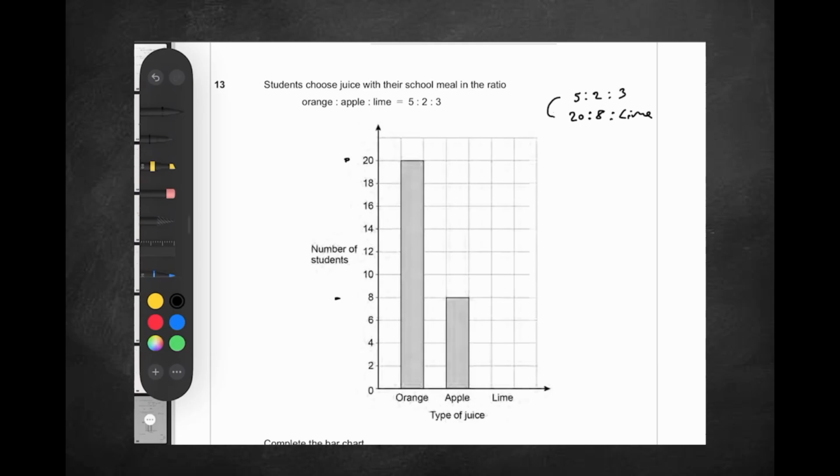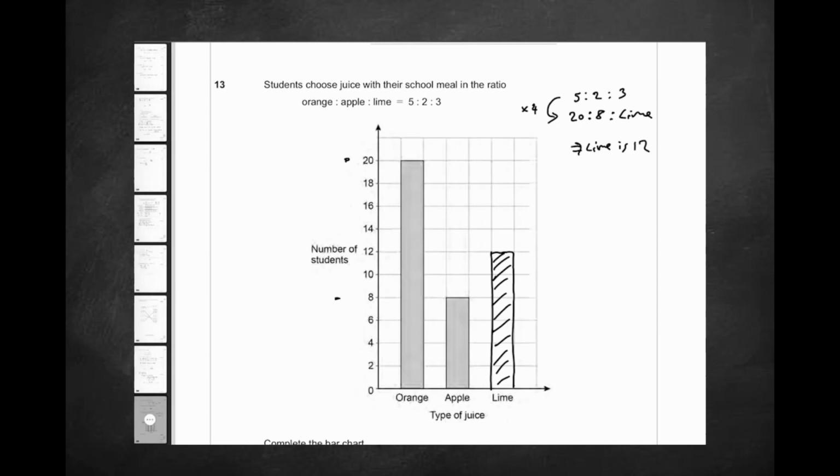So to get from here to here, we have multiplied by 4. Therefore, lime needs to be 12. Again, you draw this with your ruler, making sure that the bars don't touch each other. Try to do that as straight as possible. There we go, all the way up to 12.